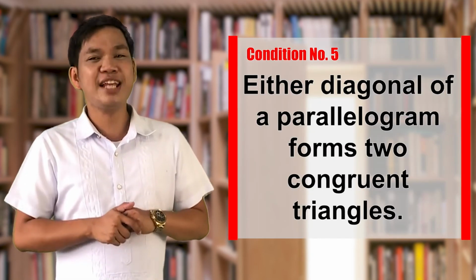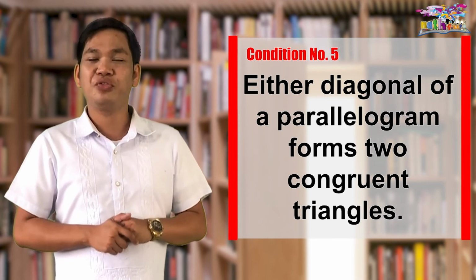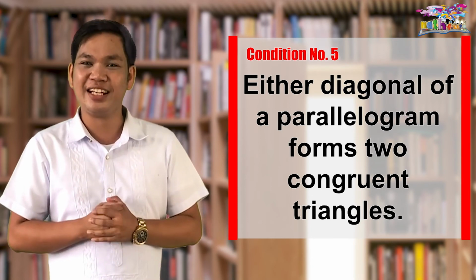Condition number 5. Either diagonal of a parallelogram forms two congruent triangles. Meaning, if we draw any of the two diagonals of a parallelogram, then we will have two congruent triangles formed.